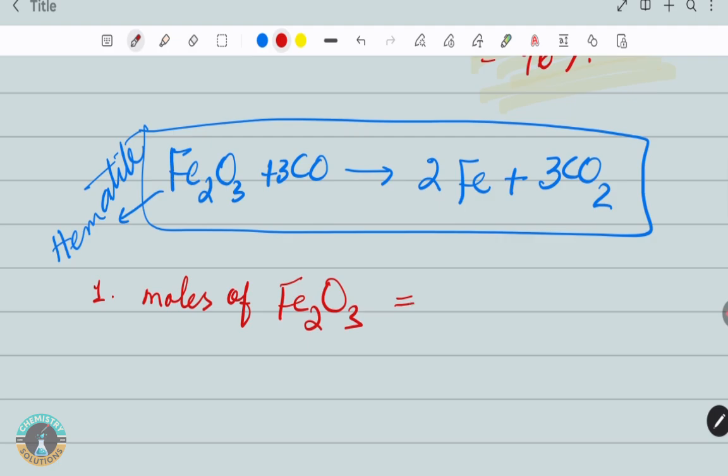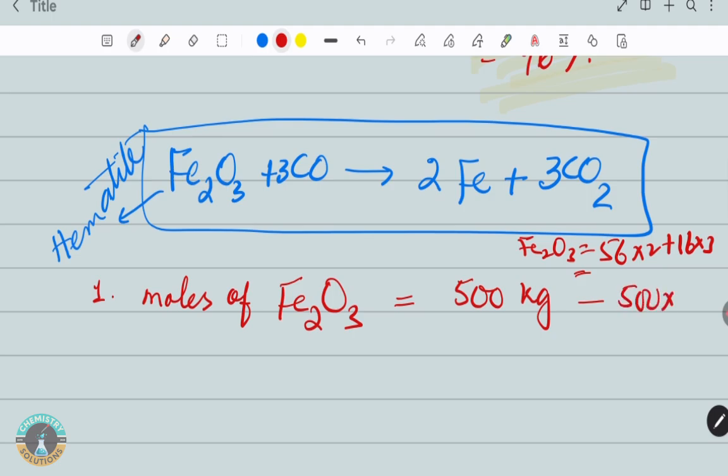The molecular mass of Fe2O3 is 56 multiplied by 2 plus 16 into 3, that is 112 plus 48, which is 160. We convert 500 kg into gram: 500 multiplied by 10 raised to power 3 gram.